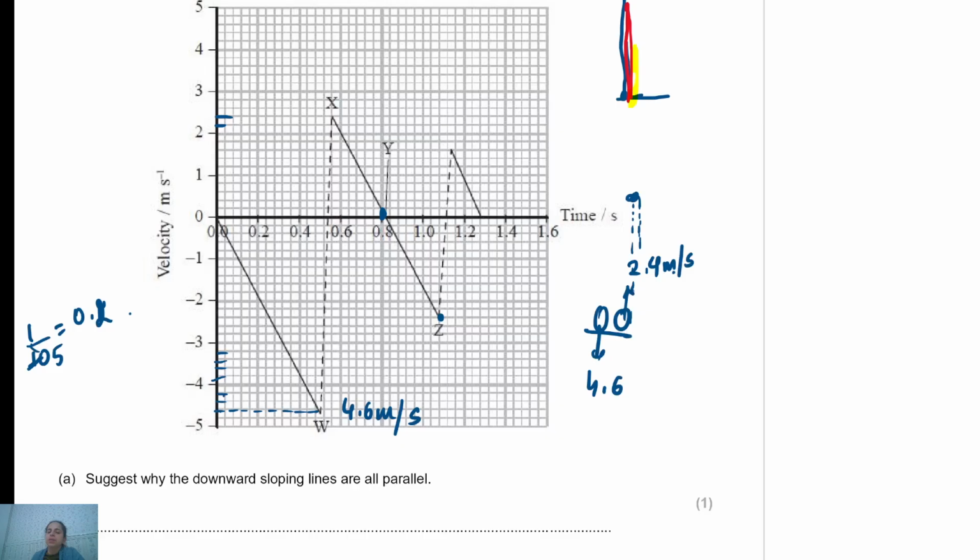So it hits the ground again with 2.4, and then when it bounces back, its speed would be less than 2.4, and as we can see from here, 2, 4, 6, 1.6, so it bounces back up with 1.6 meters per second.